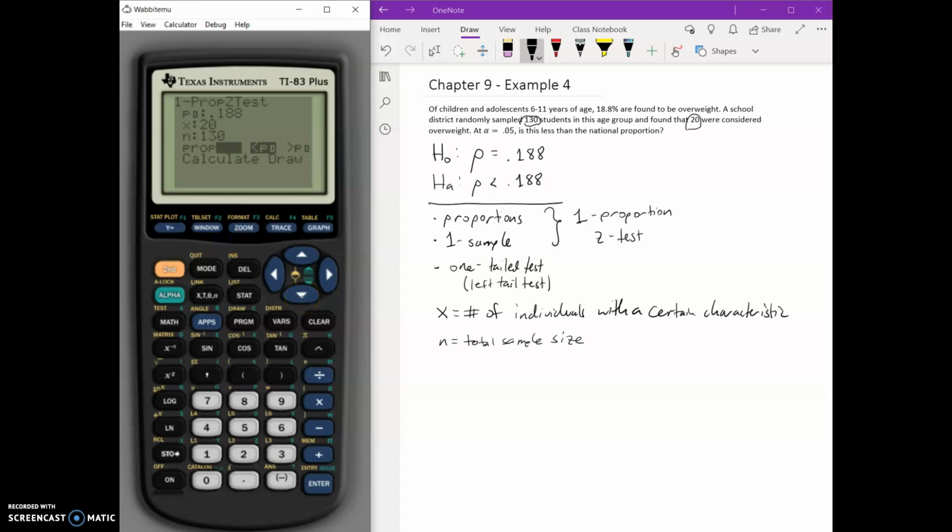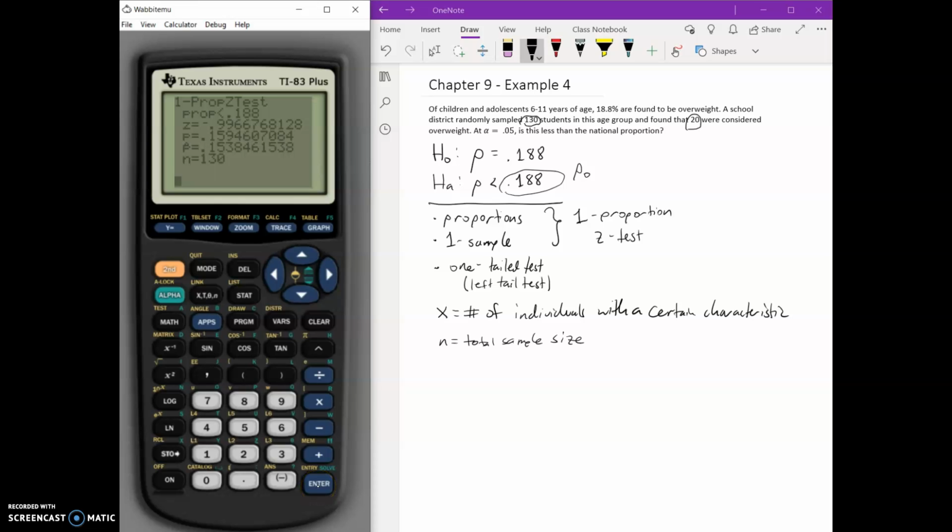Now if we go down to choosing the alternative hypothesis, this number really corresponds to p sub 0 for our calculator's understanding. So indeed, our proportion is going to be less than p sub 0, so we select that middle one. Then we go down to calculate.